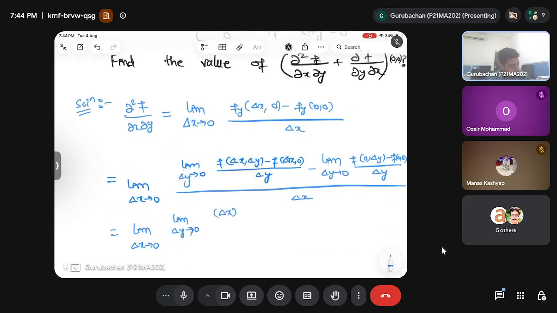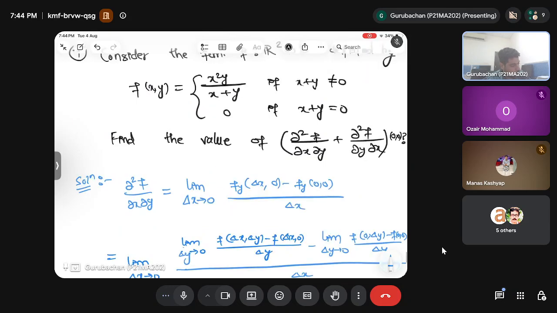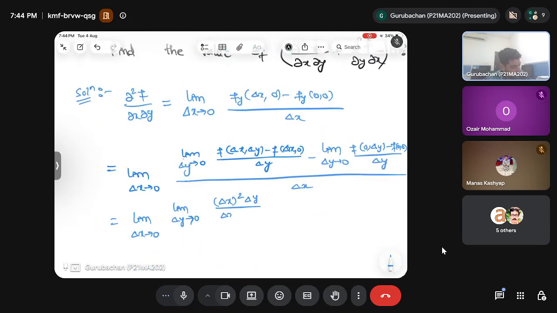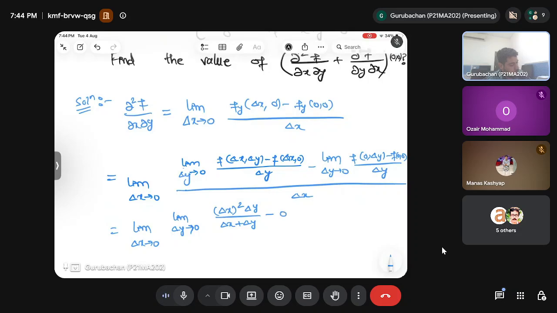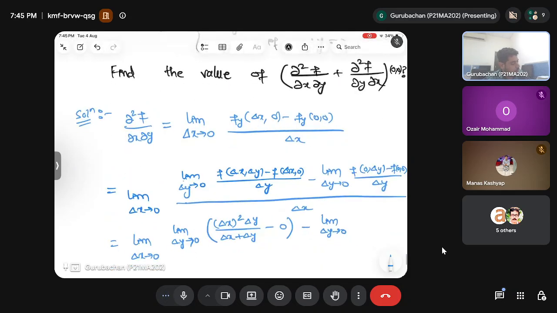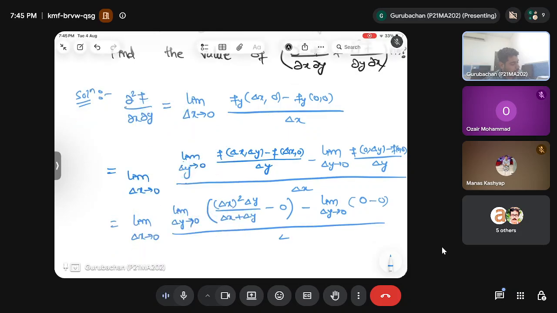Delta x square delta y divided by delta x plus delta y, minus 0, minus limit delta y tending to 0, f of 0 delta y will be 0 and this will also be 0, divided by delta x.